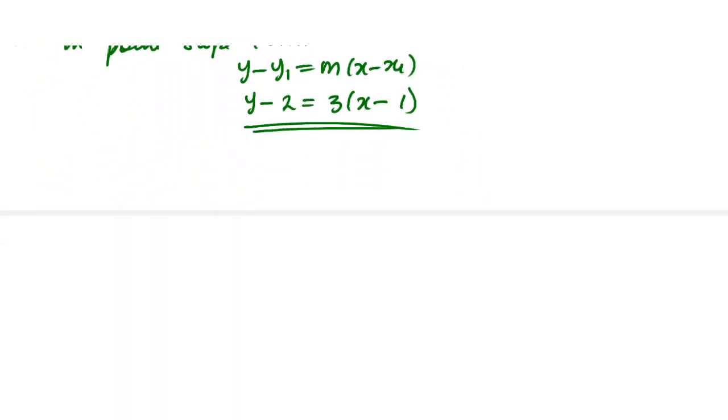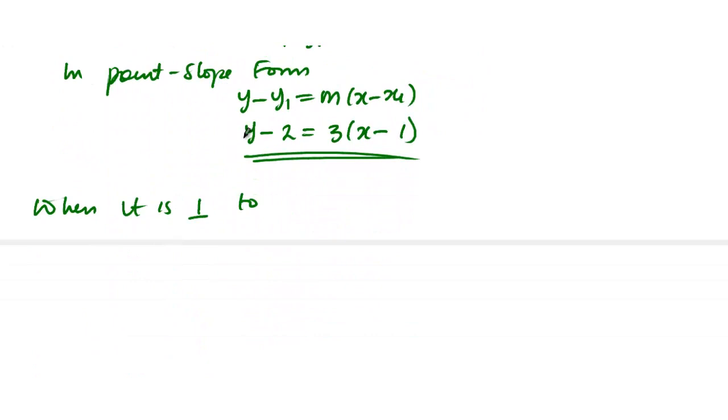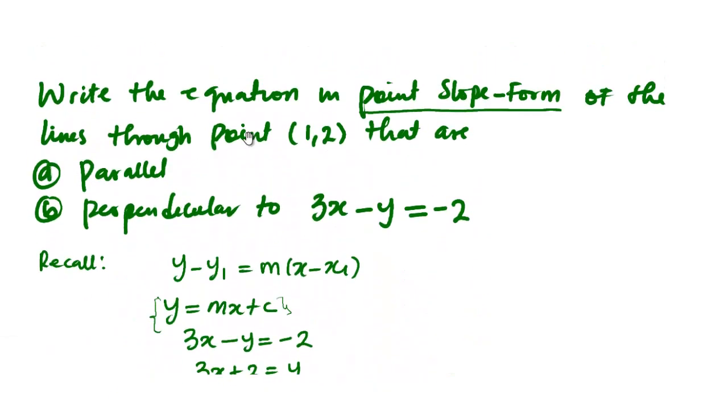So for the perpendicular, when it is perpendicular to 3x minus y equals minus 2, we have already gotten the slope. We know that m in this case is equal to 3. But if the line that passes through this point is perpendicular to 3x minus y equals minus 2, it implies that the product of the two slopes will be minus 1.